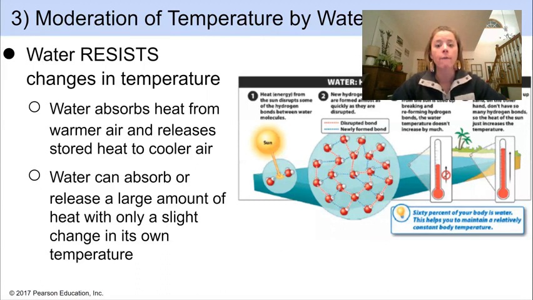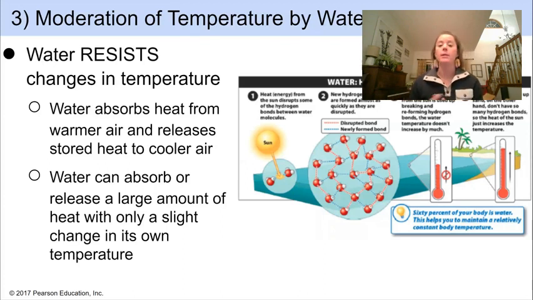The other kind of cool thing about water is that it resists changes in temperature. If you have ever gone to a body of water, you'll notice this most often in spring and fall. If you go during the spring, you'll notice that it's still really cold, but the air temperature is pretty warm out here. Why isn't the water matching the air temperature? This is a late spring, early summer thing.